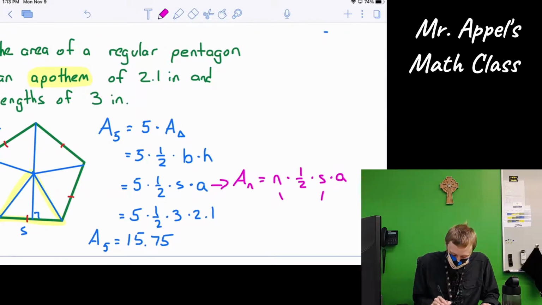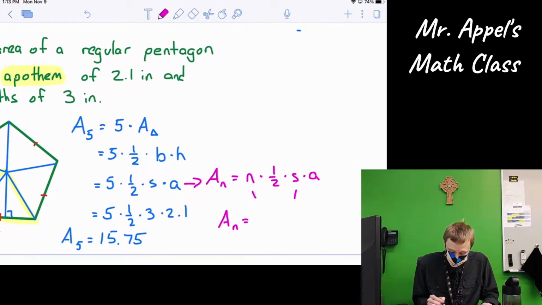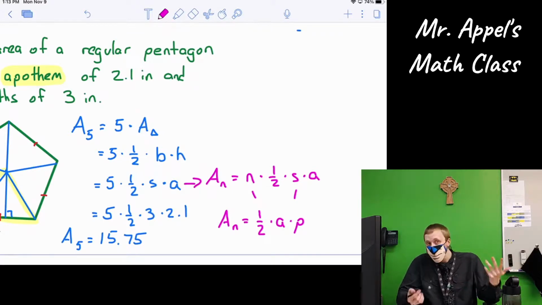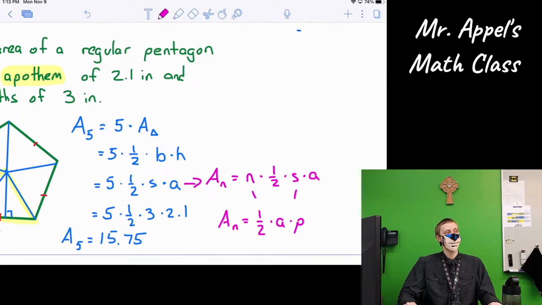So one shortcut formula for the area of a regular polygon with n sides is 1/2 times the apothem times the perimeter. That's pretty handy to know, especially if they give you the perimeter to start with.